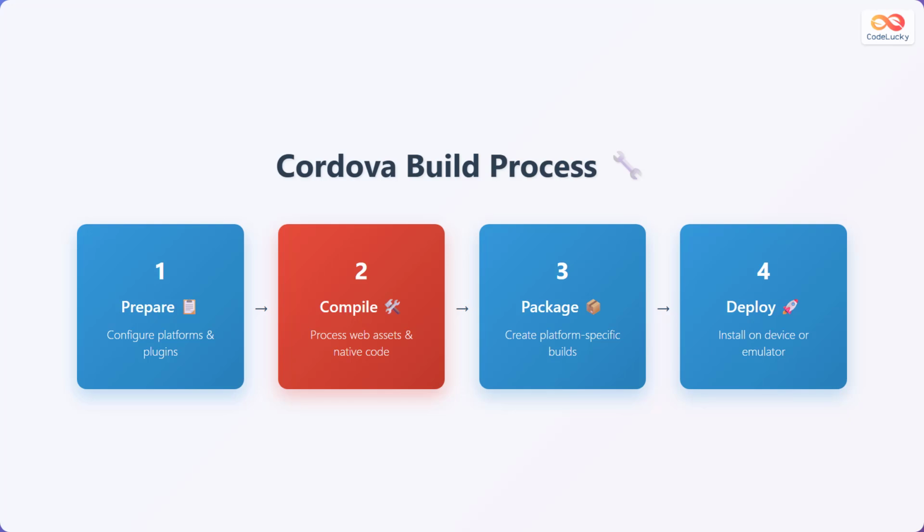Third is the package step, where platform-specific build tools create the final application packages, such as APK files for Android or IPA files for iOS. Finally, the deploy step installs the compiled application on a connected device or emulator for testing. This automated process handles the complex task of wrapping web applications in native containers while maintaining access to device-specific features.